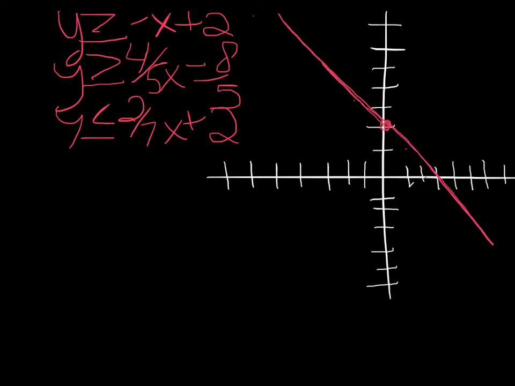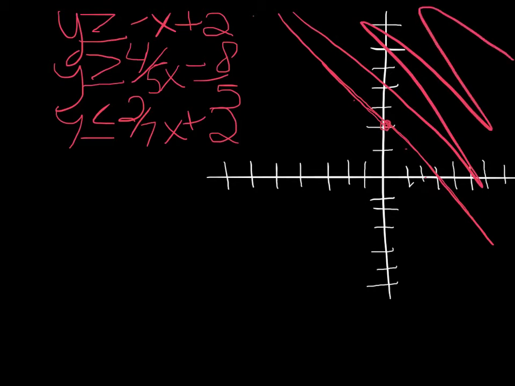Since it's y is greater than or equal to, you can plug in a point that's not on the graph. So 0, 0. So 0 greater than or equal to 2, and it is not. So you shade the other side. So you'd shade like this.